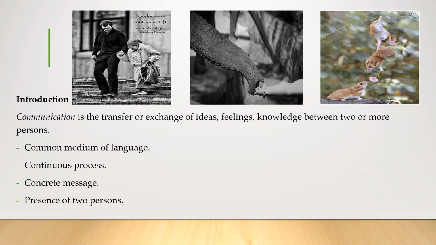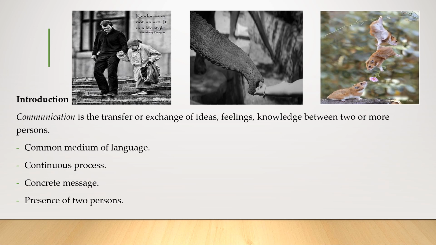Then the second picture is of an elephant and the hand of a human. By looking at it, I'm sure you will understand that a human is offering something which is being accepted by the elephant.